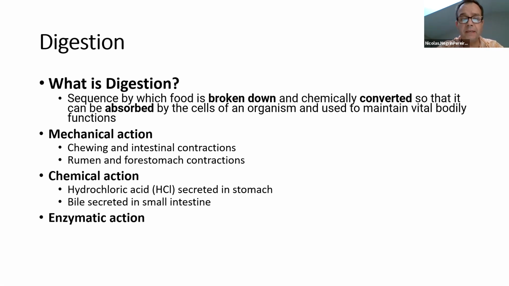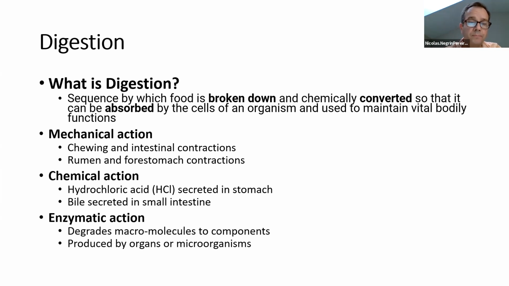And then we have an enzymatic action, which is mainly done by the enzymes. There are quite a lot of enzymes. We will be talking about some of them in this lecture. We'll have another lecture more specific about that. These are in charge of degrading macromolecules to the more basic components in order to be absorbed by the intestine and the rest of the gastrointestinal tract.